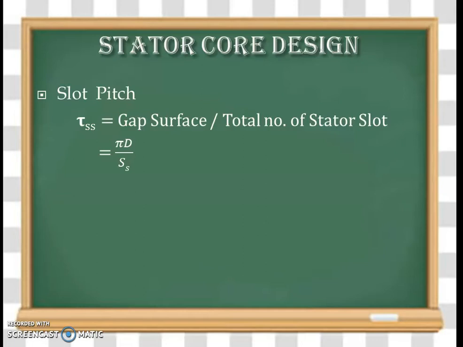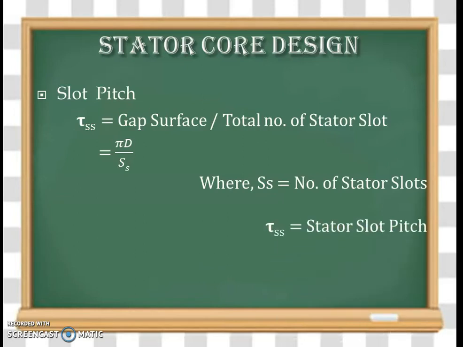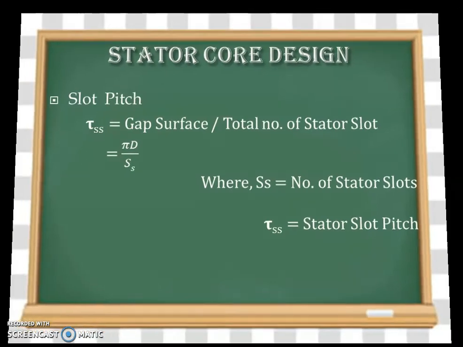So pi D, that is our circumference, that is the gap surface at the air gap, divided by total number of stator slots, where S is the number of stator slots. And we discussed that tau_ss is the stator slot pitch.